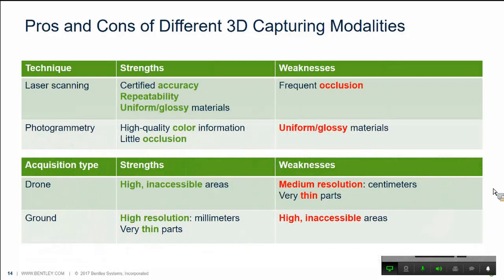So all in all, here we have a table of both strengths and weaknesses of technique and acquisition type. And we see that if we want certified accuracy, repeatability, something working on uniform and glossy materials, high quality color information, on both high and inaccessible areas and with a good resolution, we would need a combination of everything.